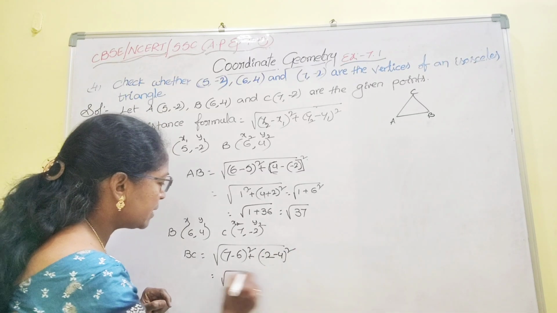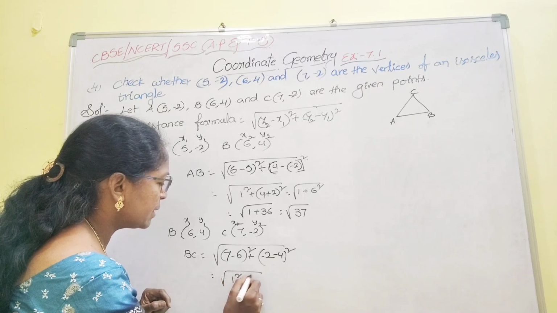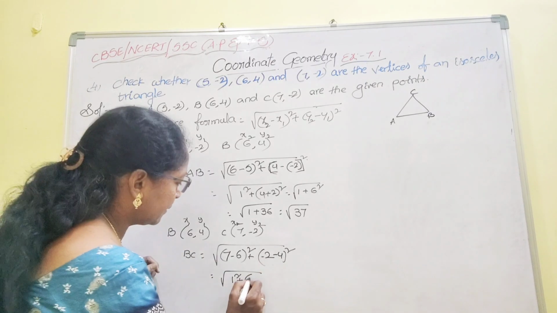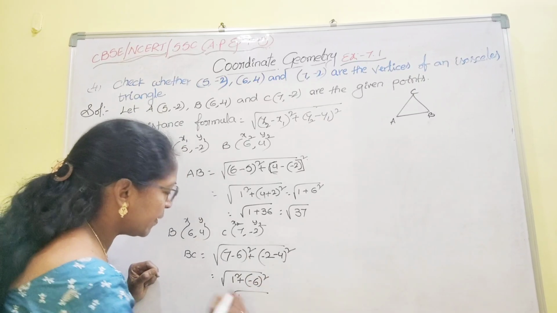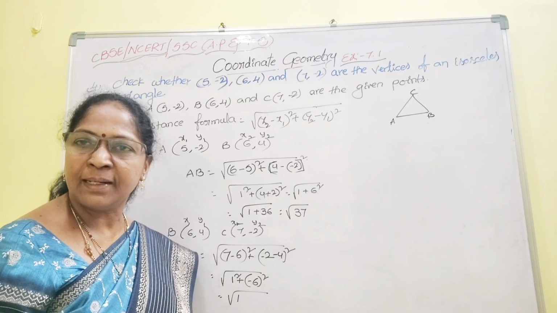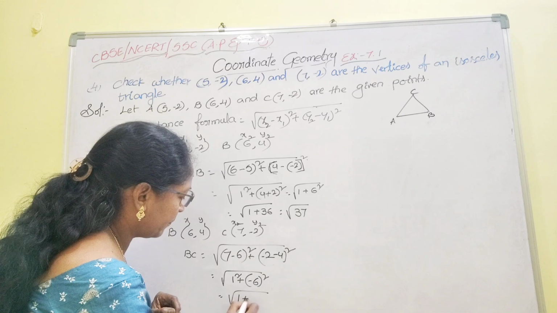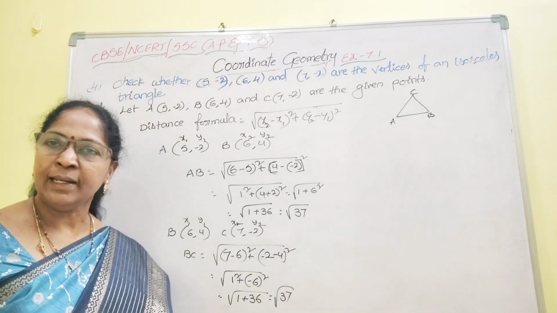So square root of 7 minus 6 equals 1, 1 square, plus minus 2 minus 4, minus 6 whole square. That equals square root of 1 square is 1, plus minus 6 whole square; minus into minus gives plus. So 6 square equals 36. That equals square root of 37.